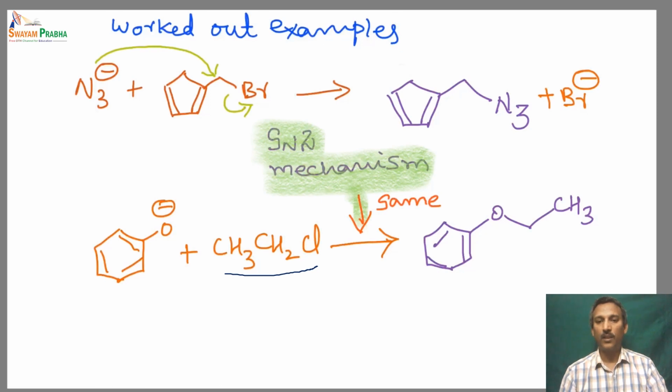This is the SN2 type mechanism, the rear side attack of both these substrates. Here the bromide is replaced, and here the chloride is replaced by the nucleophiles. So this is an example for the SN2 mechanism. Like this we can find out how the products are being formed.